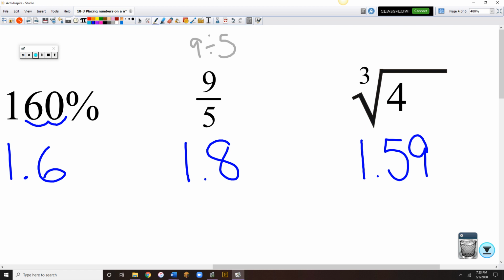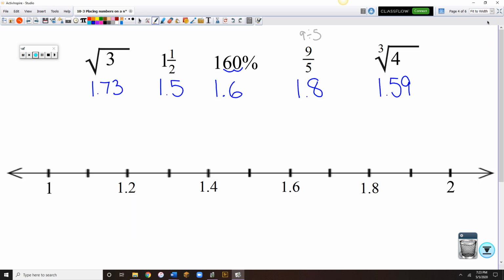Okay, so putting those on the number line now that we have all decimals shouldn't be too bad. 1.73. Okay, so in my mind I'm thinking that 1.7 is right here in between 1.6 and 1.8. So 1.73 is going to be just to the side of it.